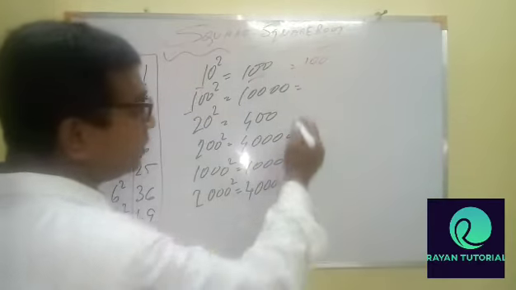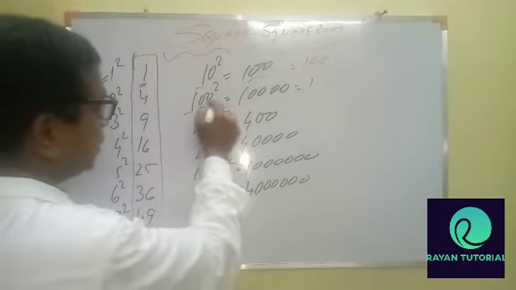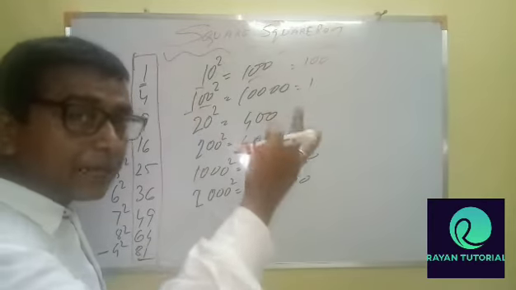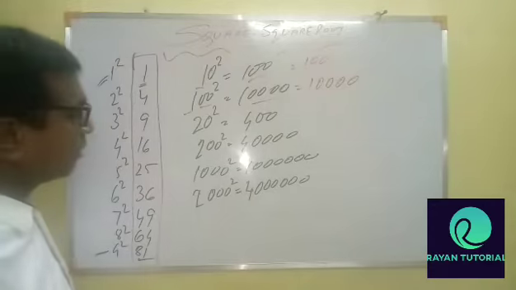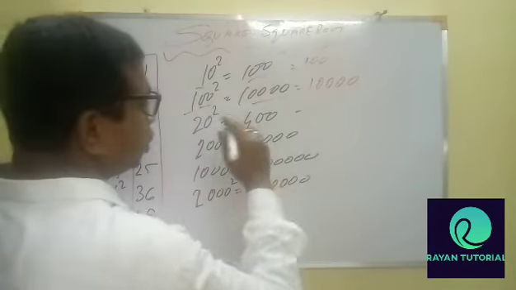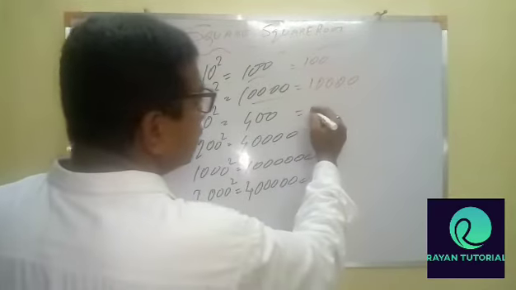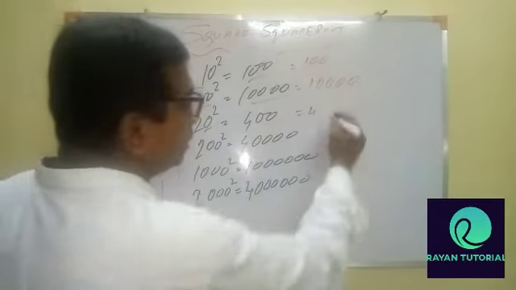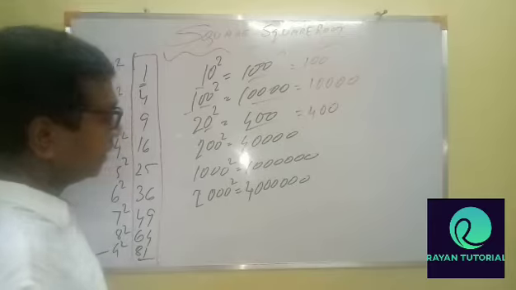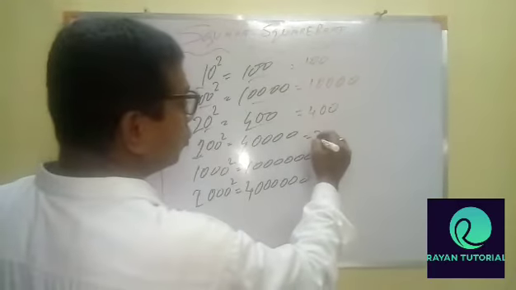So 1 square means 1. How many zeros are there? 2. Double it. That means 4 zeros. See. Here is 2. 2 square is 4. How many zeros? 1. Double it. 2 zeros.